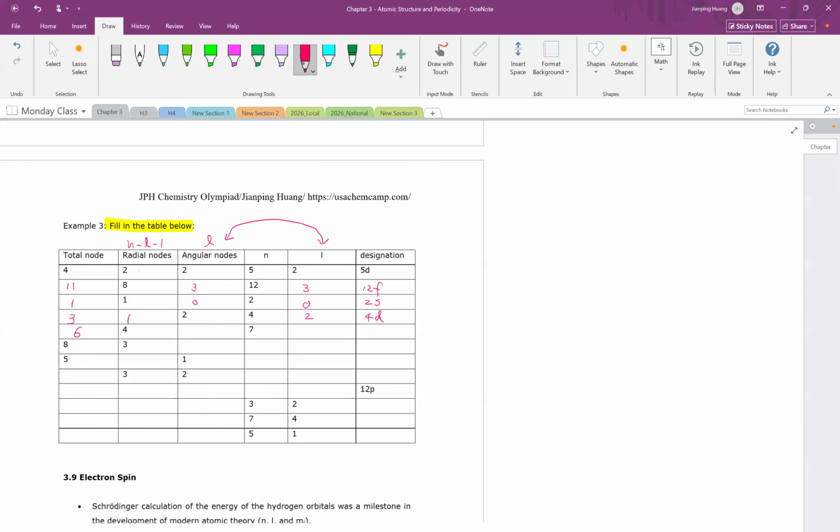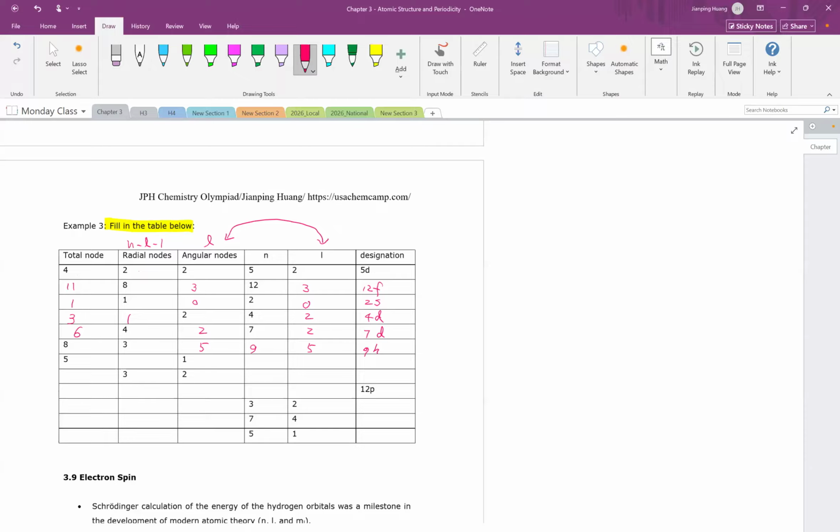Then 6, 4, 2, 7, 2, 2, 2, and there should be 7D because the 2 should be D. 8, 3, and here should be 5, and this one should be 9. That one should be 5, and it should be 9H. A little bit of a challenge, but it's okay.